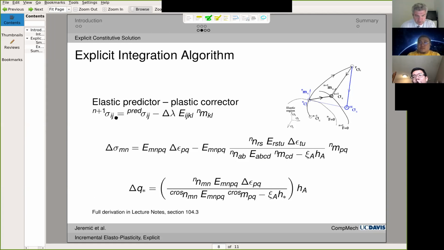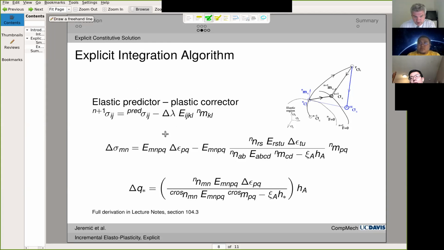Our solution really is based on the so-called elastic predictor plastic corrector approach, where we have this next solution. This is the sigma n+1, which would be equal to the predictor solution minus the so-called corrector solution. And then we essentially derive this solution here, that the increment in elastic plastic stress is equal to an increment in strain here.